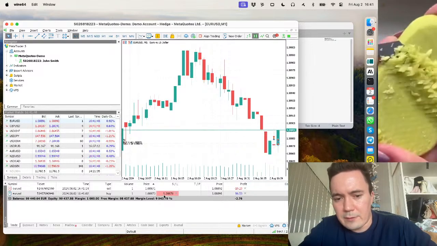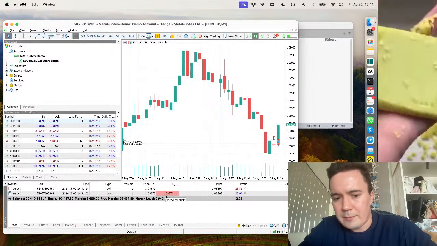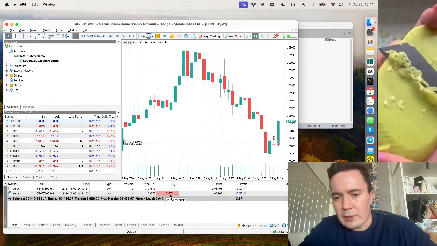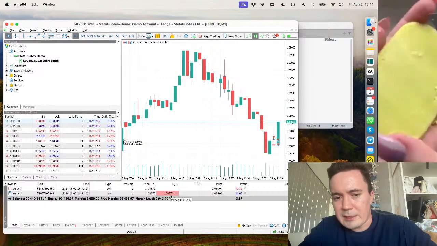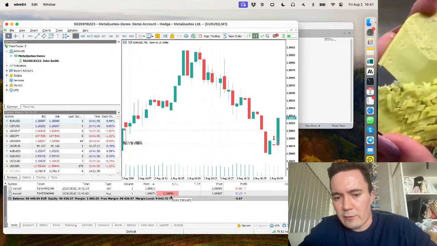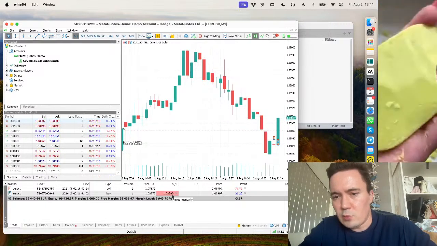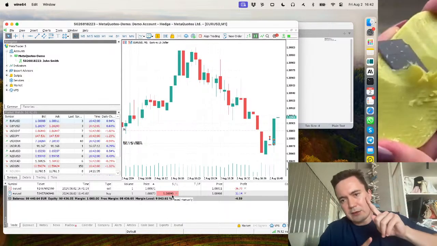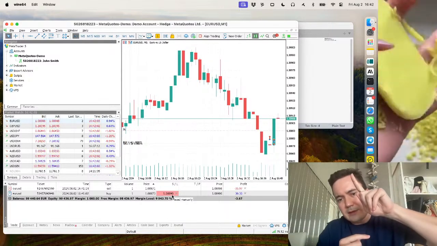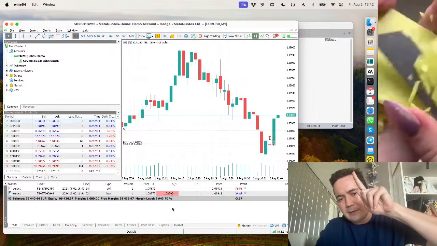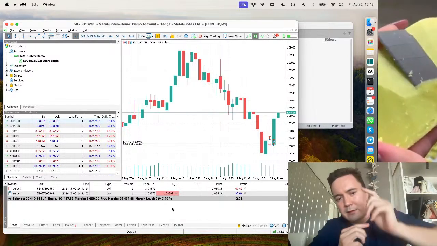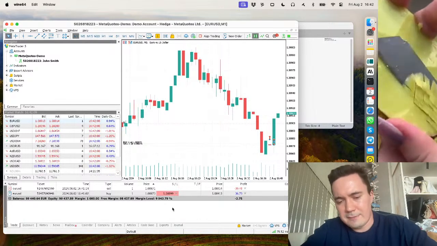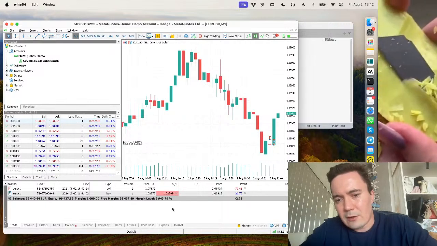Okay, we have our trailing stop, and it will update automatically as the price goes in our favor. You see, the stop loss is moving. So as the current price goes up, the trailing stop also keeps following the current price automatically.